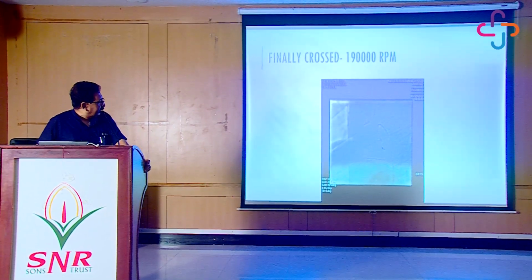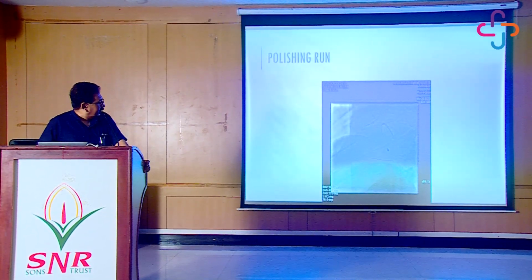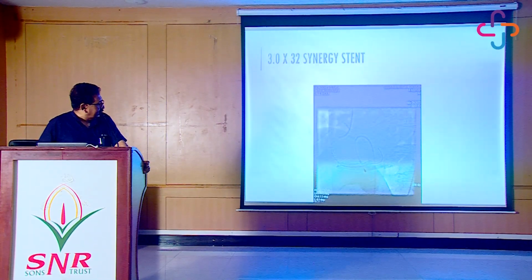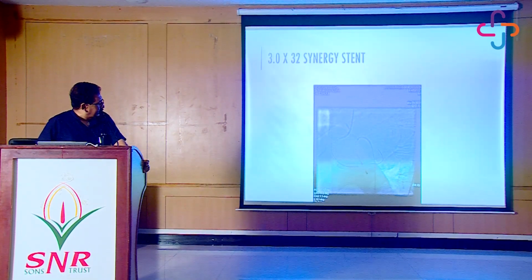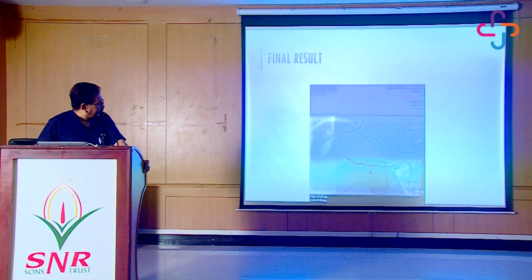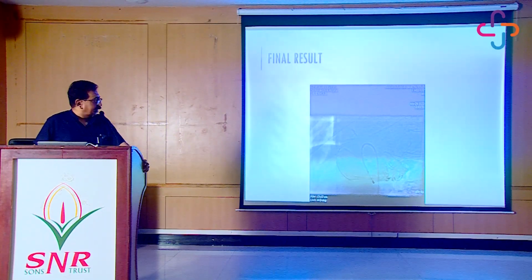So we are able to burr the lesion, and we did some polishing runs. You can see now the burr goes through freely, and then we deployed a stent distally and another stent proximally, and this was the final result from where we started.